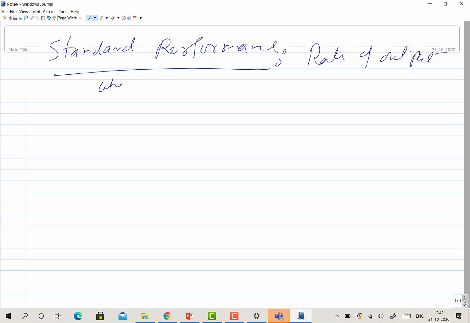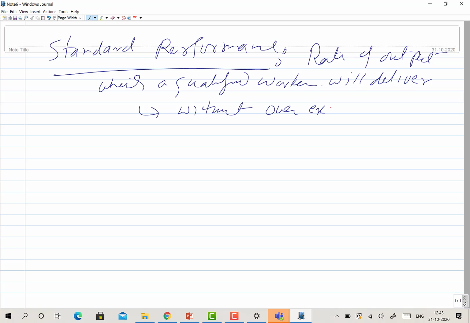It is the rate of output which a qualified worker will deliver under certain conditions without overexertion, while working in the entire shift or whole day.